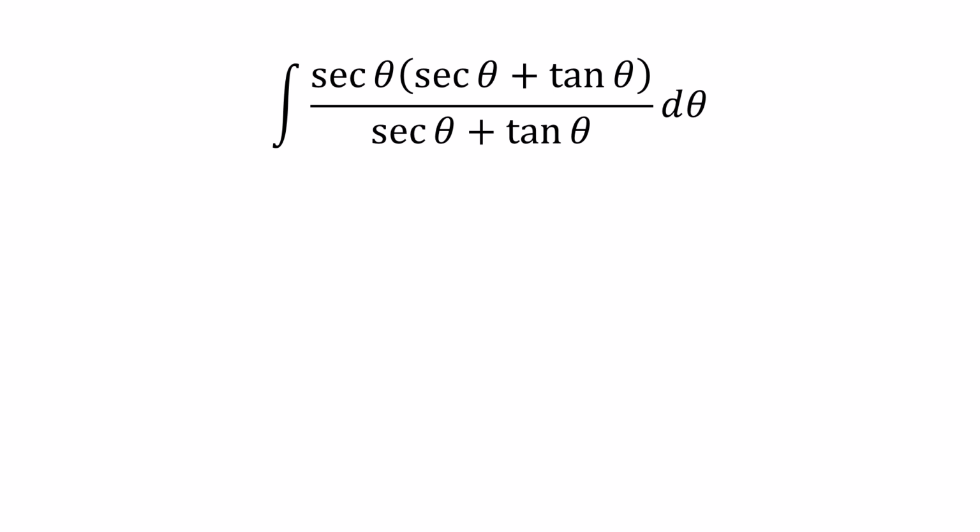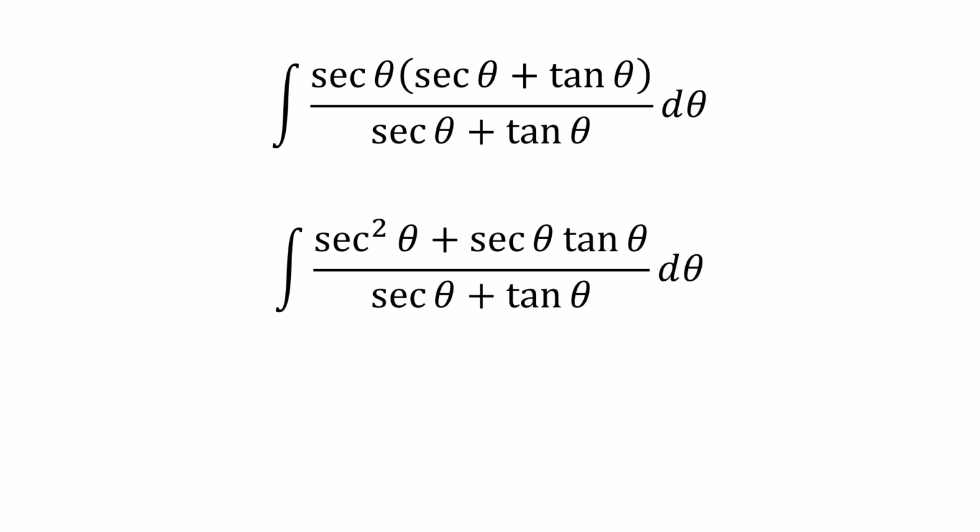Distributing secant of theta, we obtain the integral of secant squared of theta plus secant of theta tangent of theta all over secant of theta plus tangent of theta d theta.